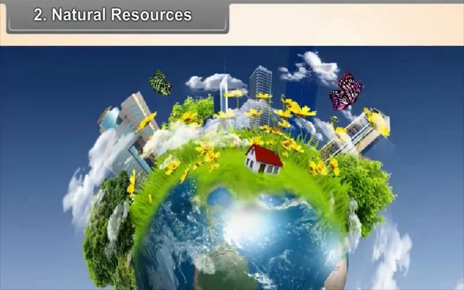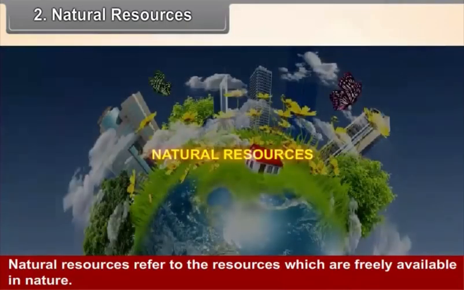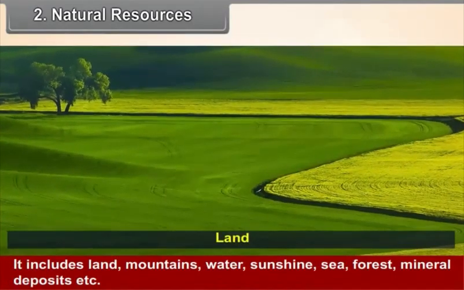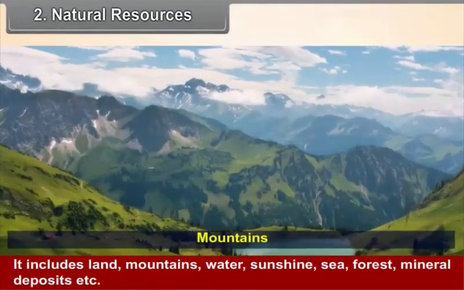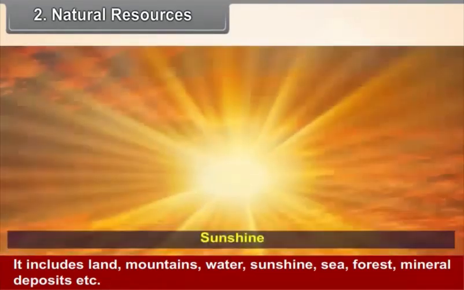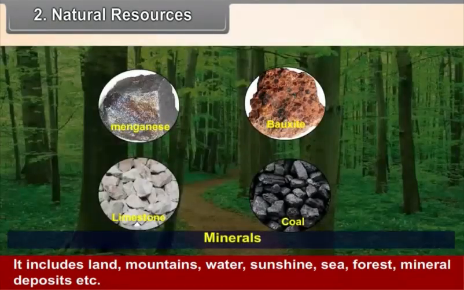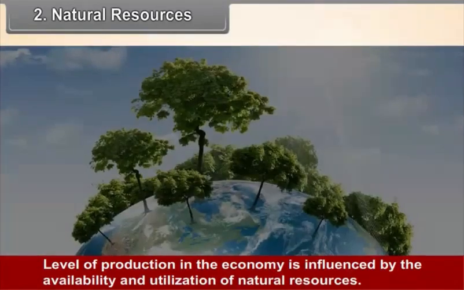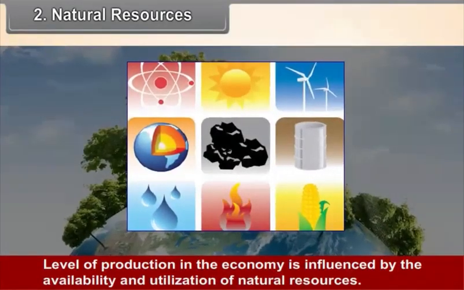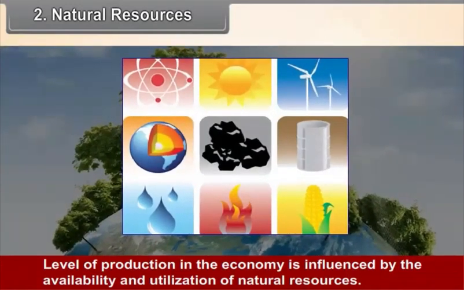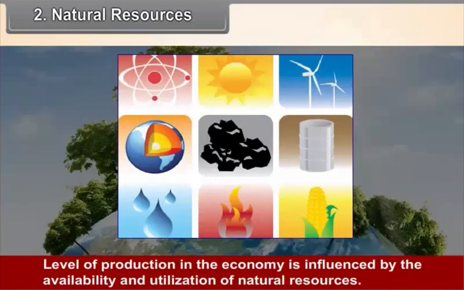2. Natural resources. Natural resources refer to resources which are freely available in nature. It includes land, mountains, water, sunshine, sea, forest, mineral deposits, etc. Level of production in the economy is influenced by the availability and utilization of natural resources. 3.